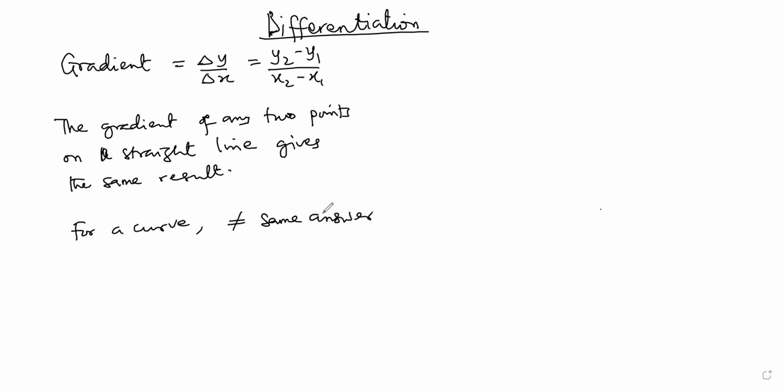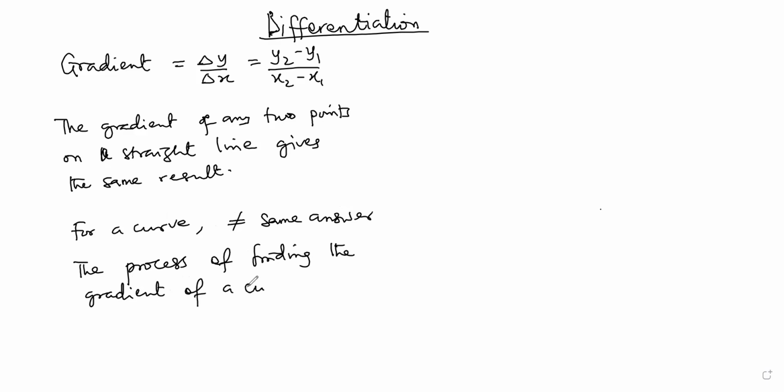And so the process of finding the gradient of a curve, on the curve, is called differentiation.